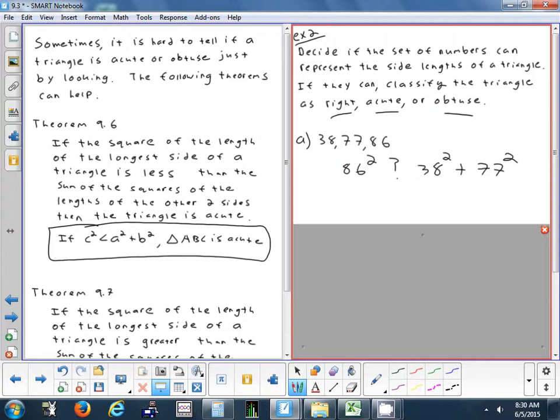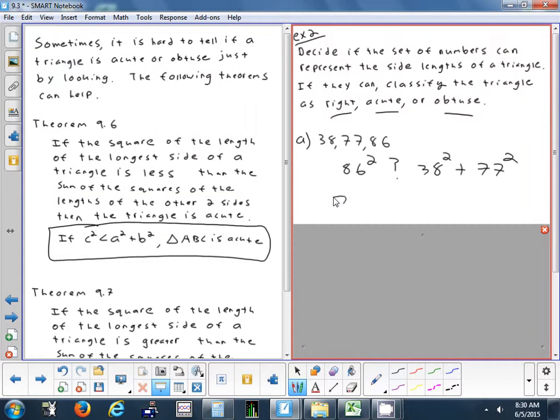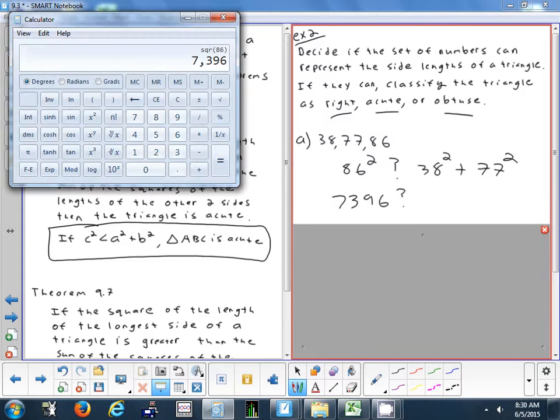Okay, so let's go through the arithmetic and see how these two sides compare. 86 squared is 7,396. 38 squared is 1,444 plus 77 squared. Add them up: 7,373.